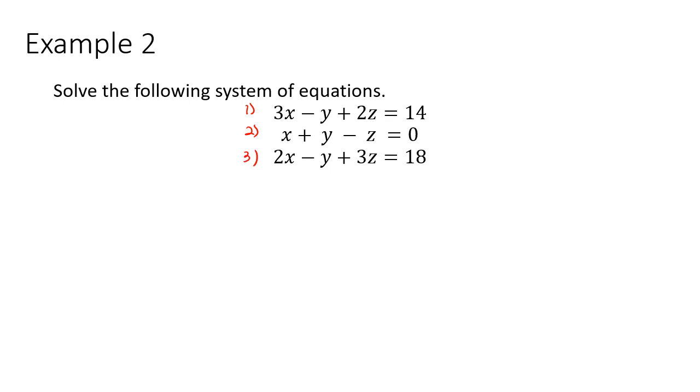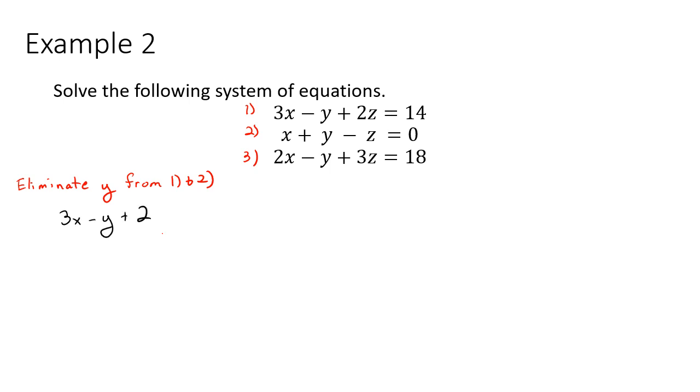The first thing I'm going to do is eliminate y from the top two equations, so from equations 1 and 2. And I can do that just by adding them together as is. I don't have to make any other tweaks.